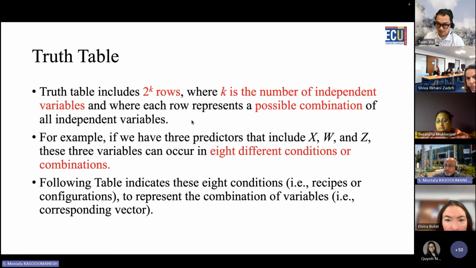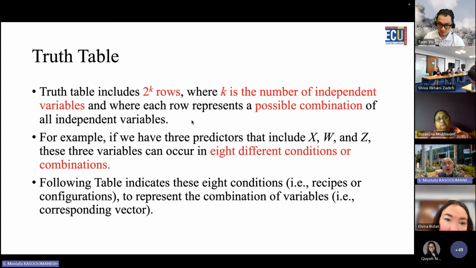If, for example, we have three predictors, three independent variables, the possible combinations of three factors will be 2 to the power of 3. So there will be 8 possible combinations of all factors that can happen.